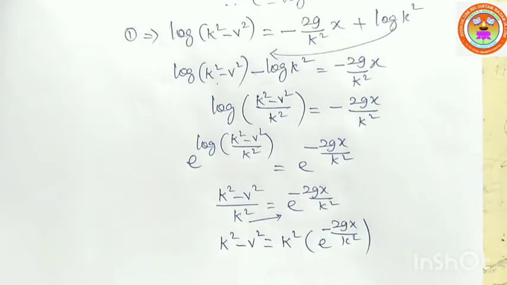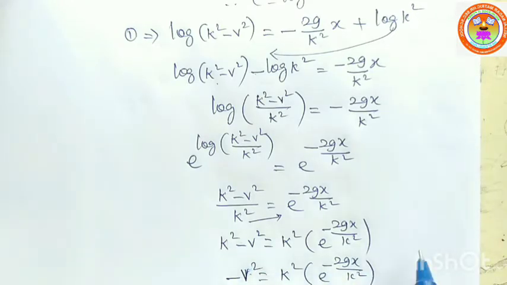Again, we have to bring this k square into that side. So, minus b square is equal to k square into e power minus 2gx by k square, then this k square is moving into the right hand side, it will become minus k square.